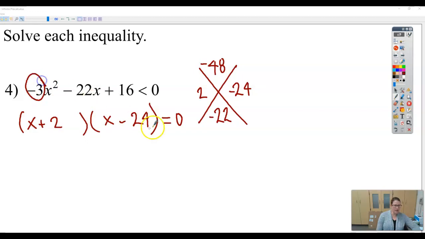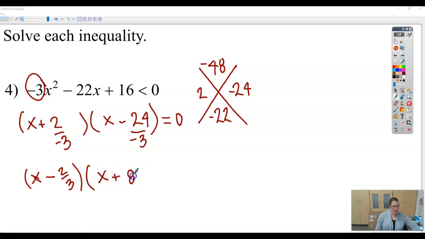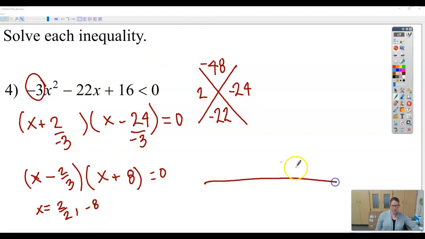Remember, a was negative 3 here, so I need to divide each of my factors by a. So this would be x minus 2/3 times x plus 8. And if I'm setting those equal to 0 and solving, my two solutions are 2/3 and negative 8. So these are the places where it crosses the x-axis.